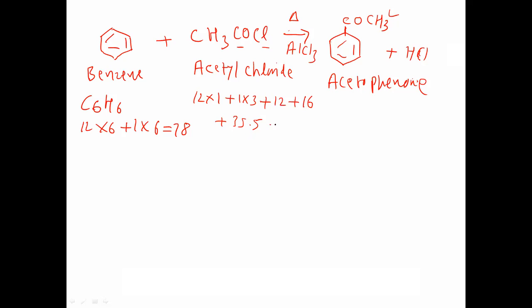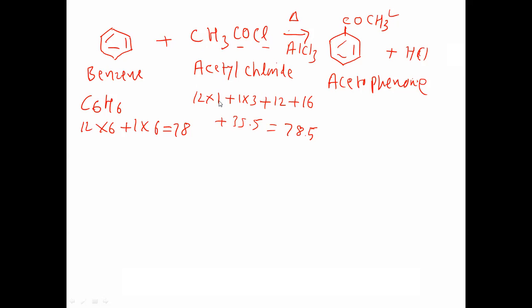So it becomes 78.5. If you add them together, okay, it is 78.5. You must be careful while calculating this. You see, we have actually two carbon atoms. You can add them together or separately. So I added separately. So I took one carbon. So one carbon is 12.